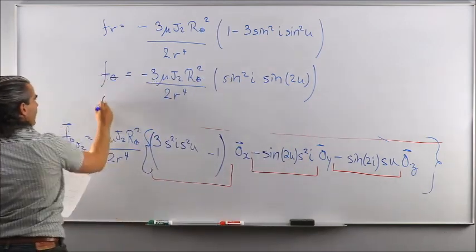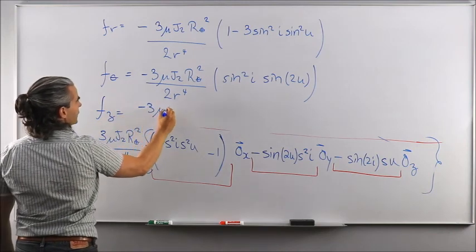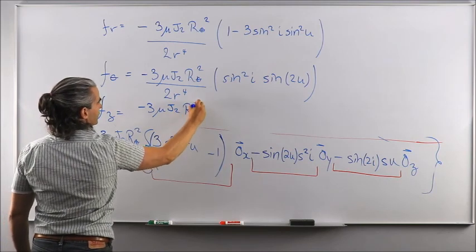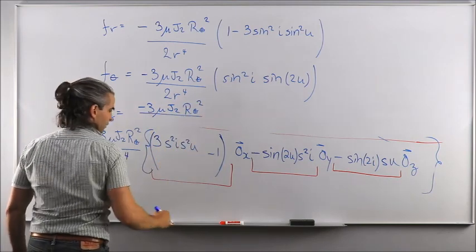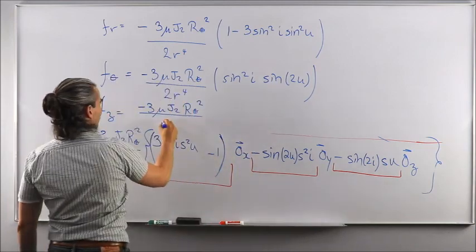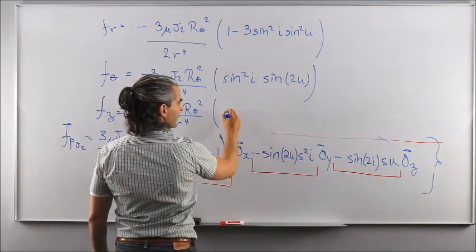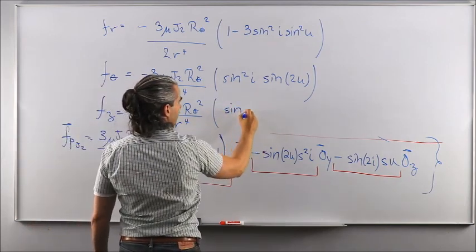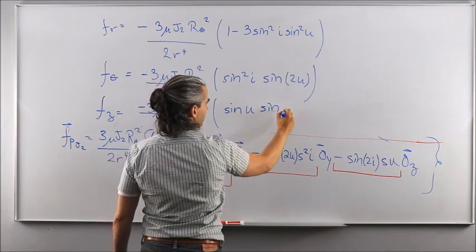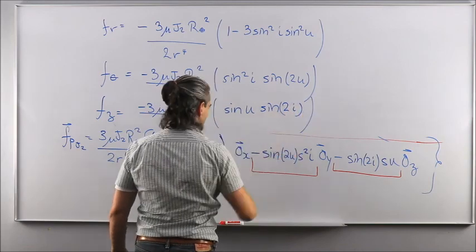And finally for Fz, I'm going to write the same factor that multiplies my scalar component. That doesn't change. So 2R4. This time we have sine u times sine 2I, like that.